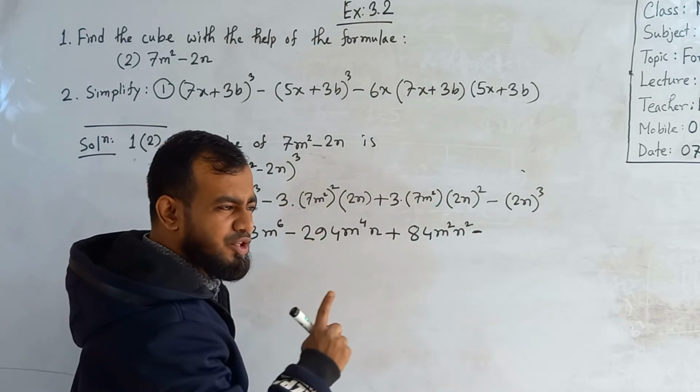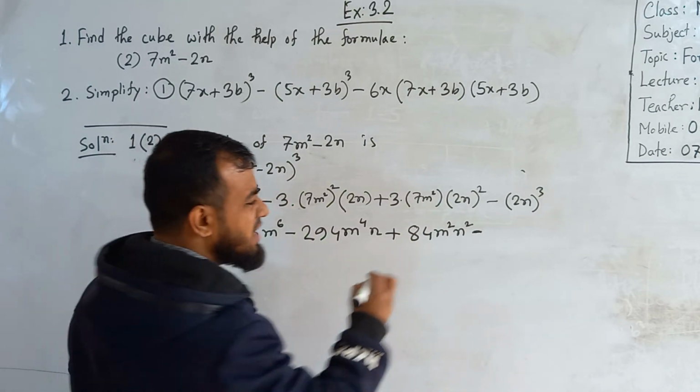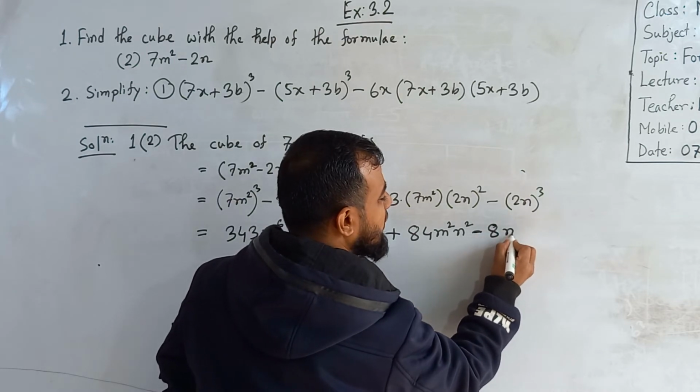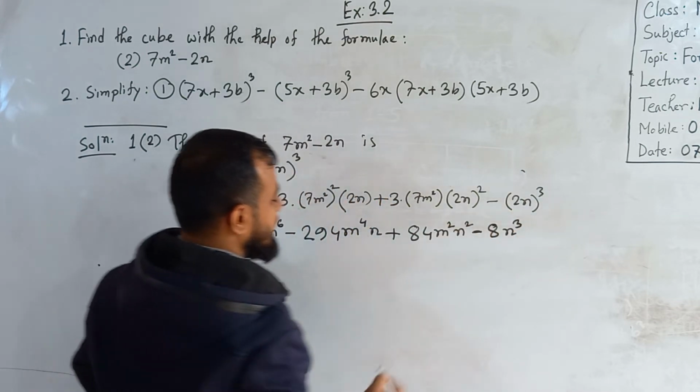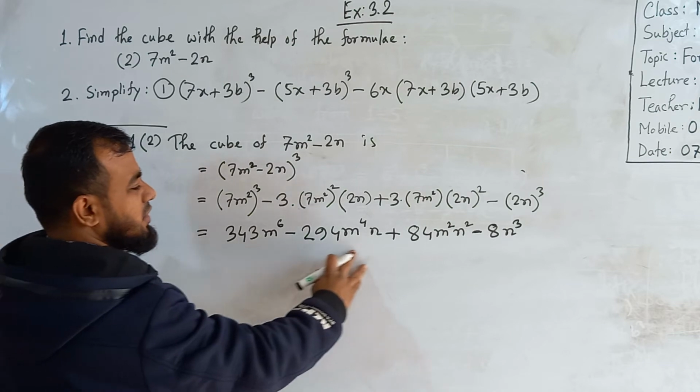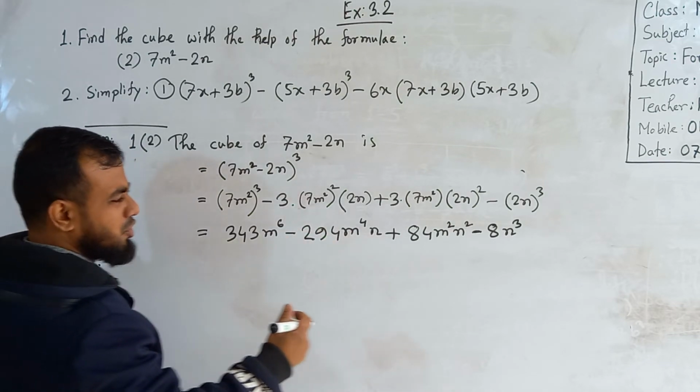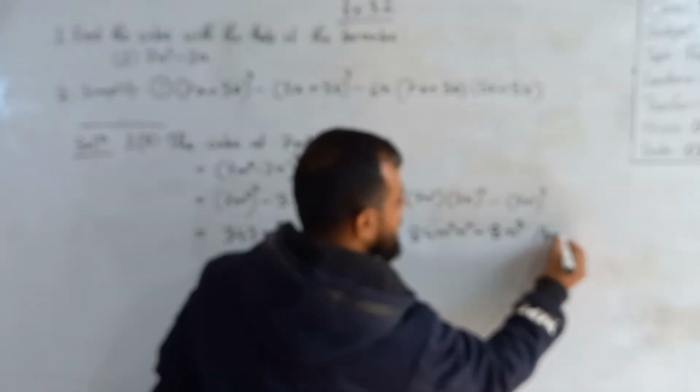So 2 times 2 is 4, 4 times 2 is 8. So it will be 8 n cube. And this is our answer. You can arrange this one or there is no need to rearrange it. So this is our answer.